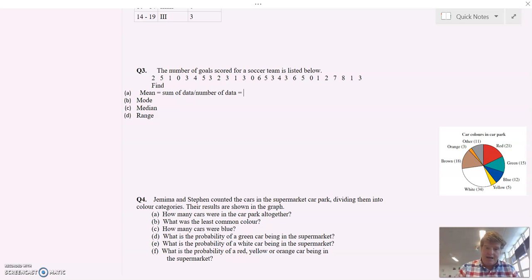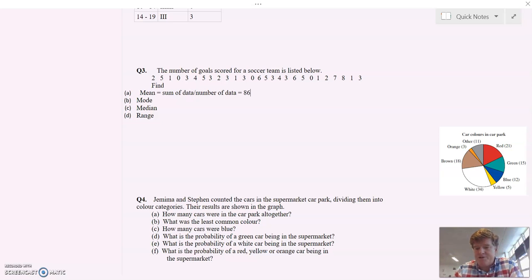Let's just add those up. 2 plus 5 plus 1 plus 3 plus 4 plus 5 plus 3 plus 2 plus 3 plus 1 plus 3 plus 0 plus 6 plus 5 plus 3 plus 4 plus 3 plus 6 plus 5 plus 0 plus 1 plus 2 plus 7 plus 8 plus 1 plus 3. When I add the data up, I get an 86.